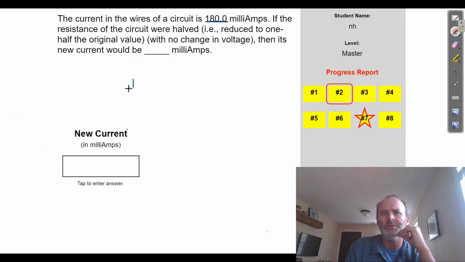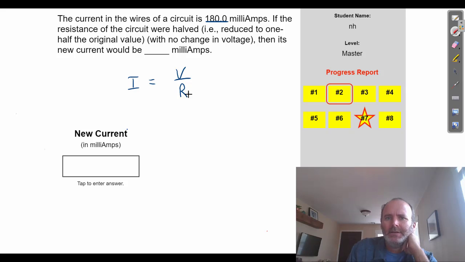So I equals V over R. Now the resistance is halved, so think about this: we have R and we're halving it, so we're multiplying by 1/2.